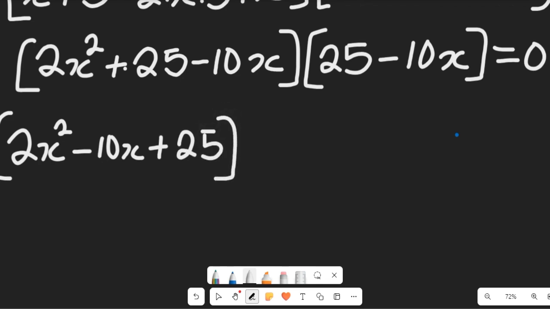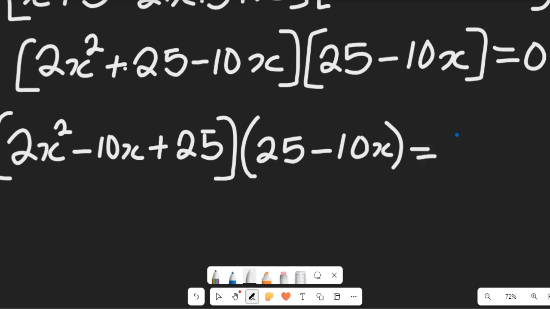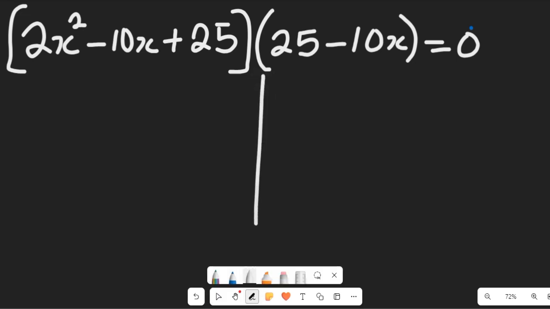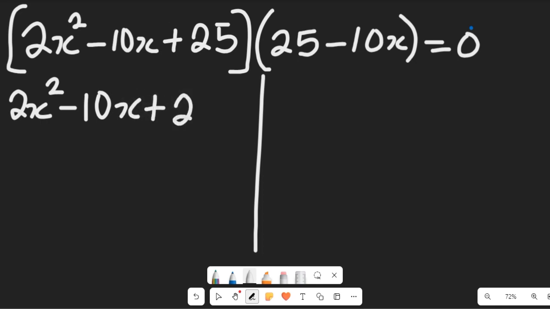And this other one is going to be multiplying 25 minus 10x equal to 0. Now, if we consider the zero product rule, we can equate these two factors to 0. So if we equate that, we are going to have 2x squared minus 10x plus 25 equal to 0.